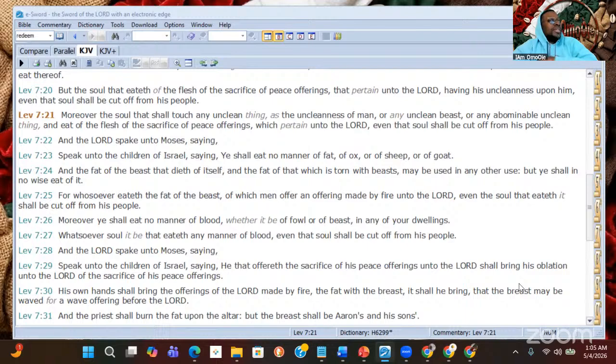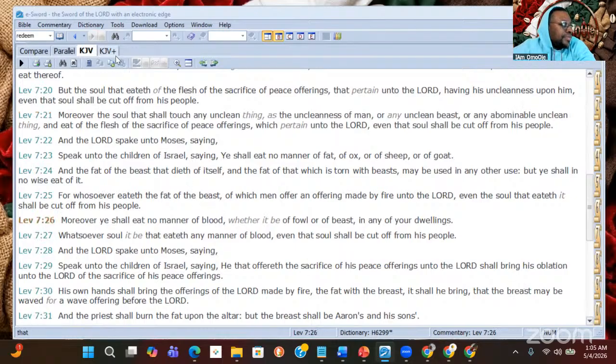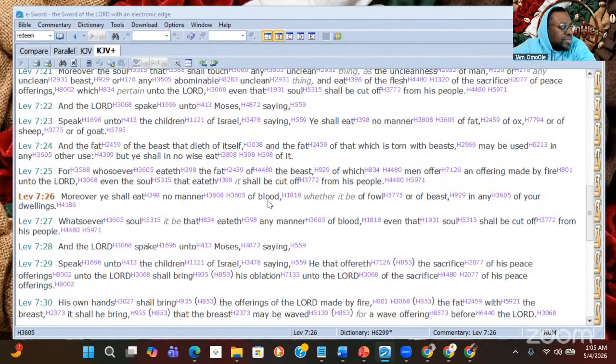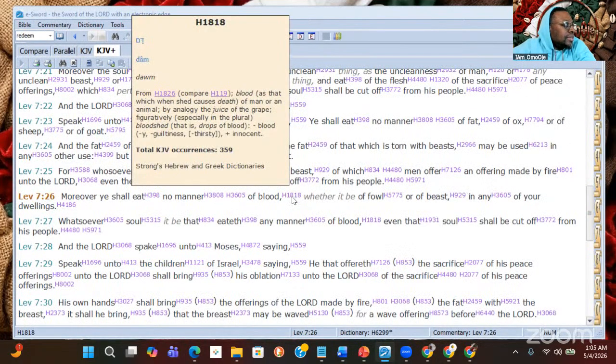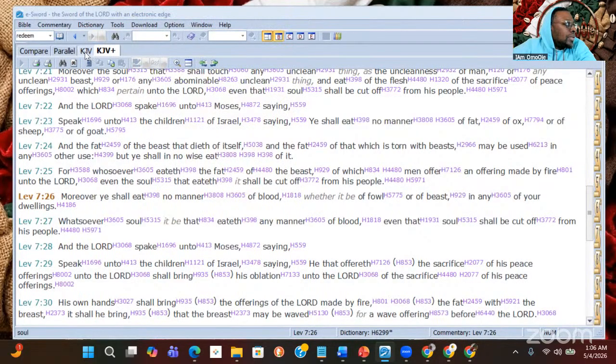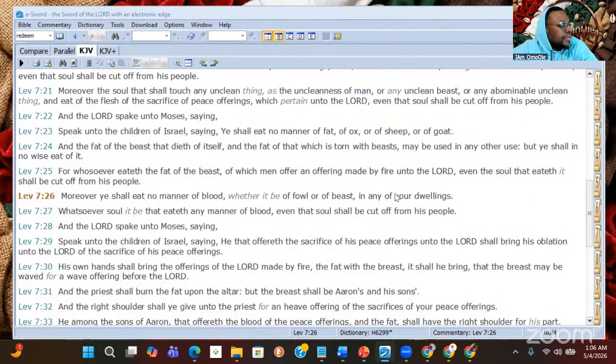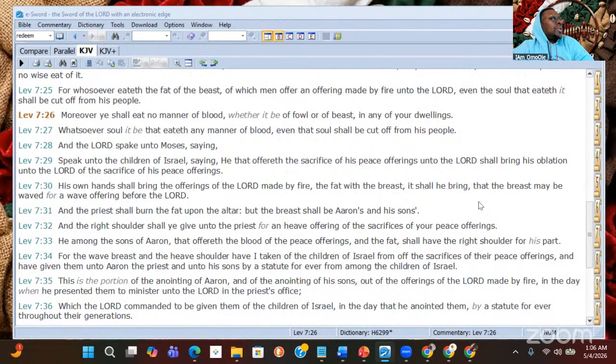Moreover, ye shall eat no manner of blood, whether it be of, what is the word for blood? I think I may have looked this up before. Dom, dom.